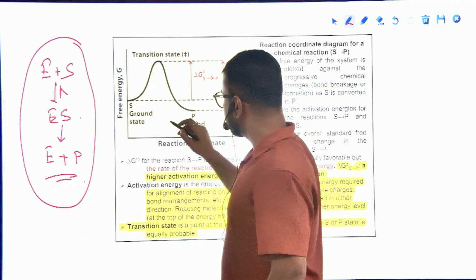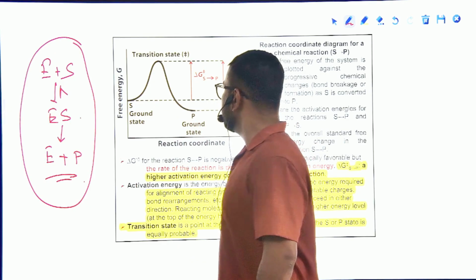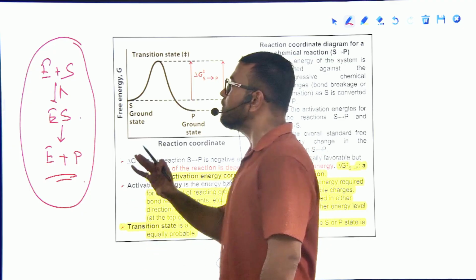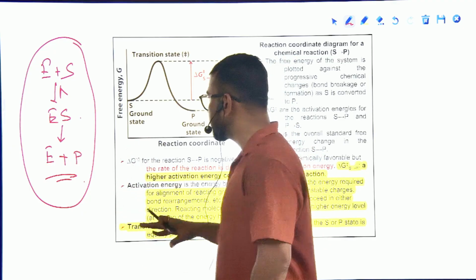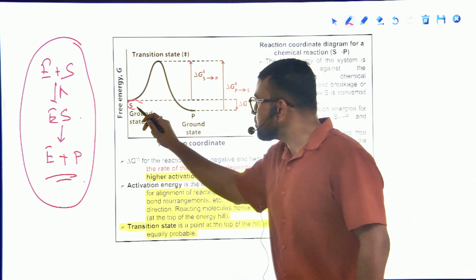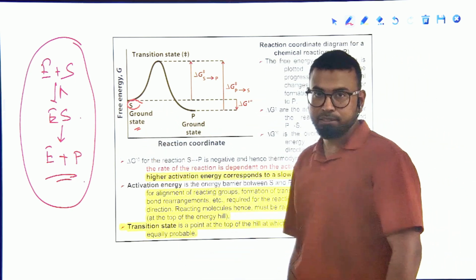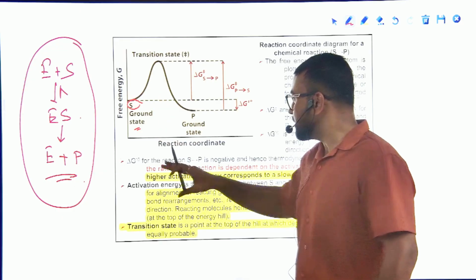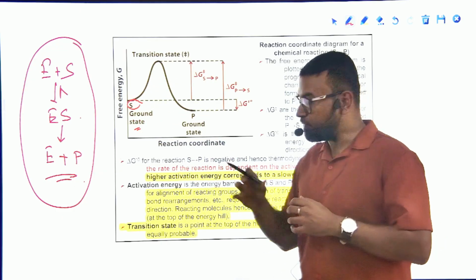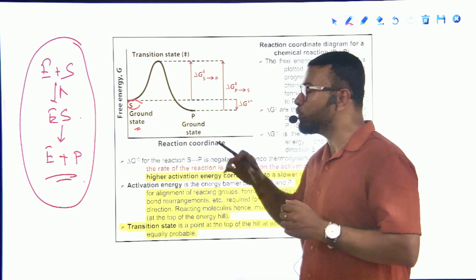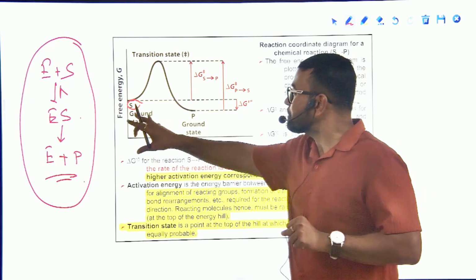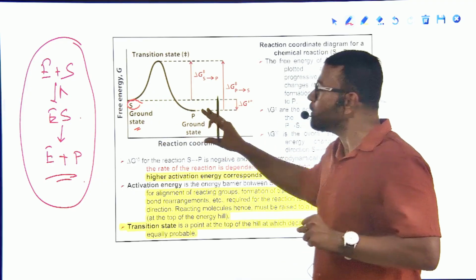So let's see. Before application of any kind of enzyme into any kind of reaction, let's focus on this graph. So this is the substrate in its ground state. Whenever this substrate is converting into product, a certain amount of energy is applied into the substrate that is helping it convert into the product.